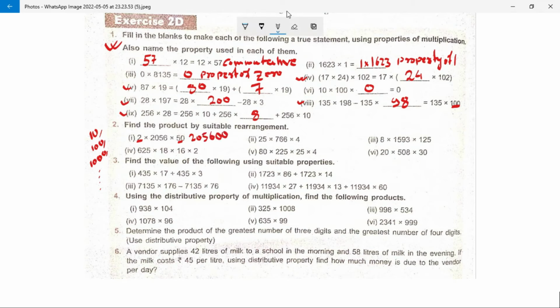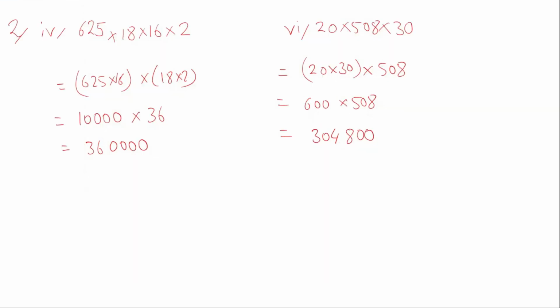Same way, if you multiply 25 into 4, you will get 100, and that 100 multiplied with 766 will give 76600. Now let us solve some more questions. In question number 2 part 4, we have 625 into 18 into 16 into 2.